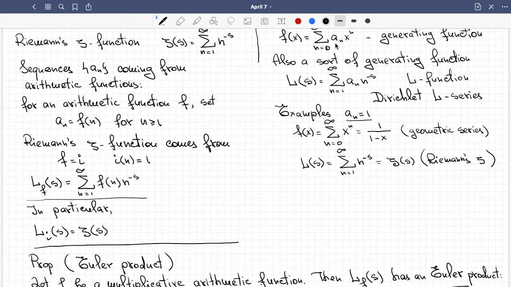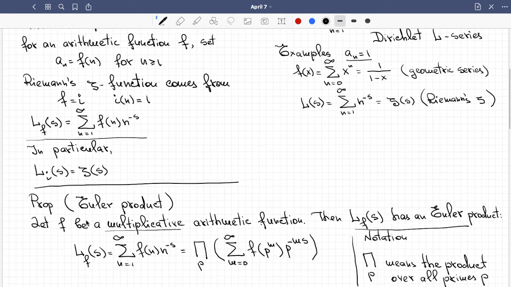Dirichlet L functions may be defined for sequences, but it is more interesting to think about sequences as sequences of values of arithmetic functions. So this is the L function for an arbitrary arithmetic function f. For the function I, which always takes the value of 1, this is still Riemann's zeta function.